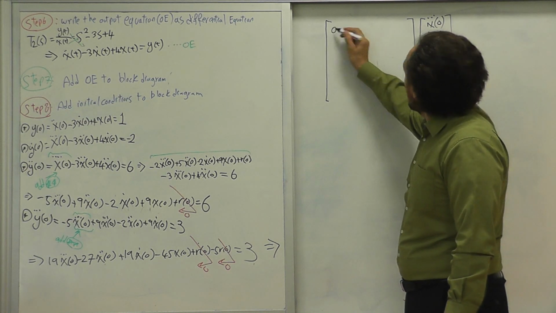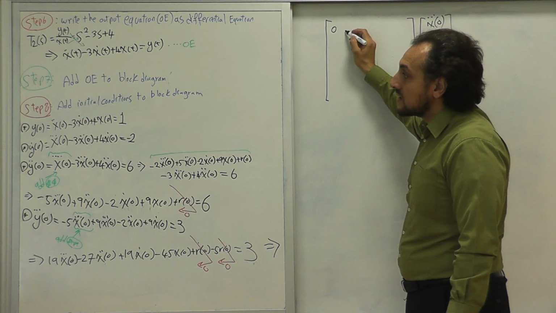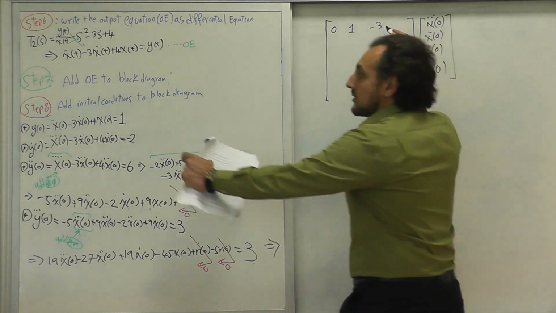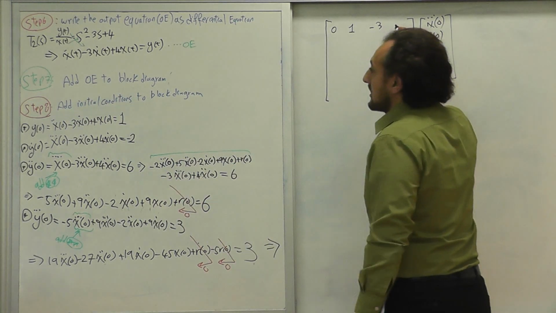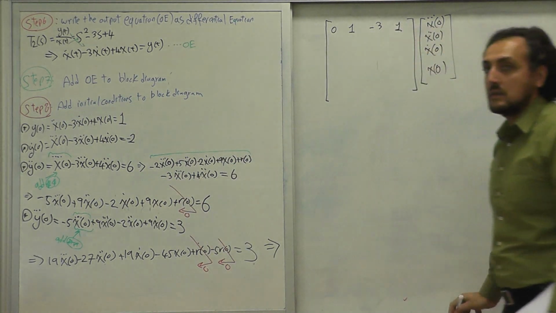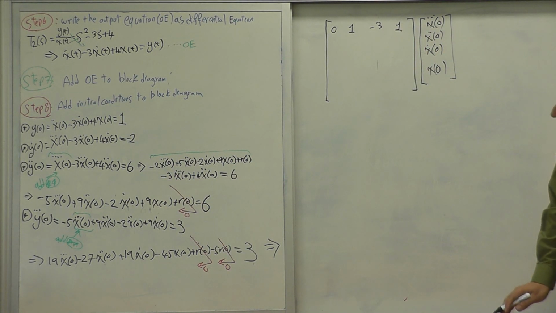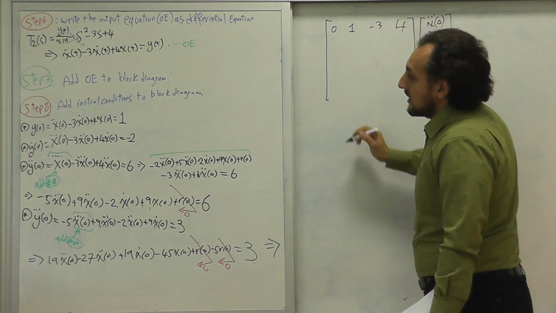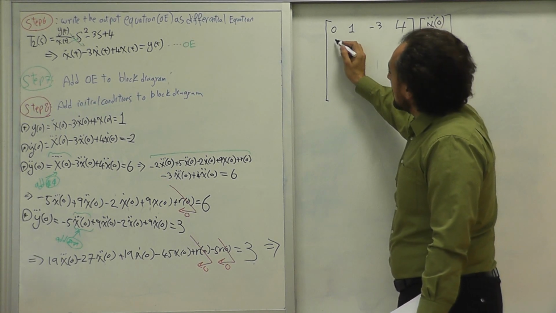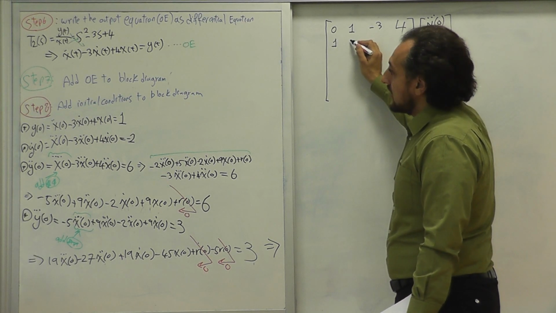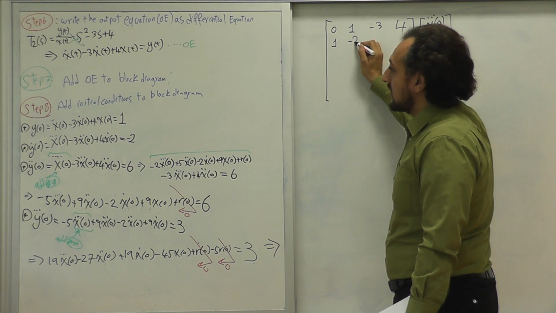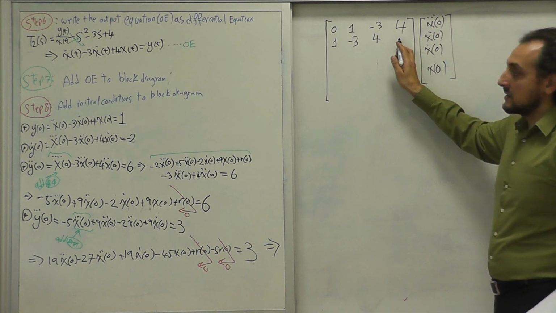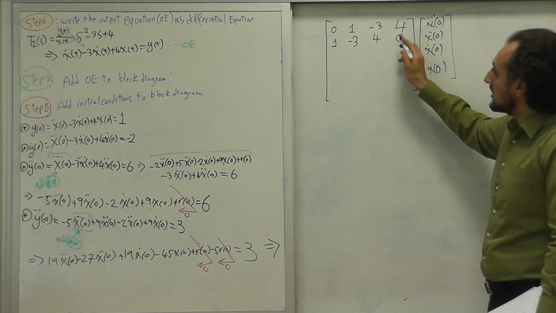So this is 0. x2 dot 1, x dot minus 3, and x is 1. Next one, x3 dot 1, x2 dot minus 3, x dot is 4, and what is x? We don't have it, so it will be 0.